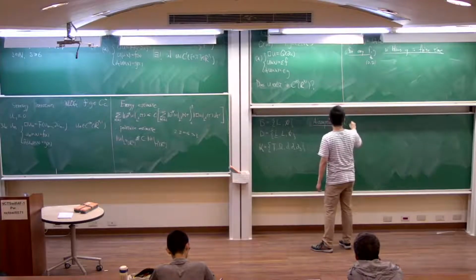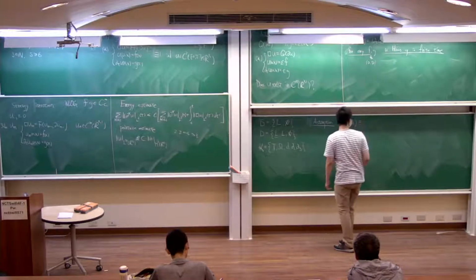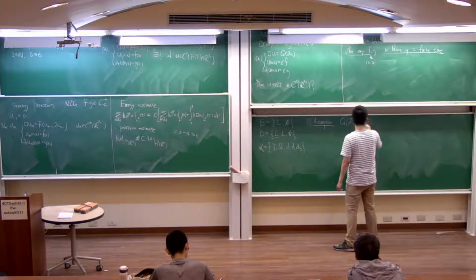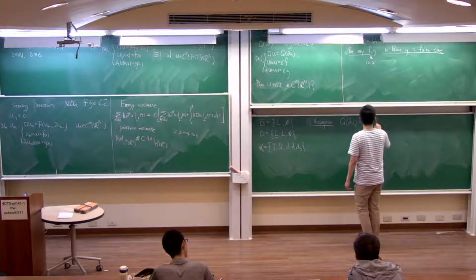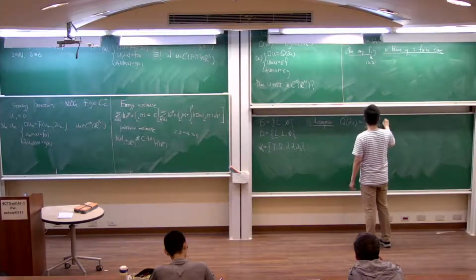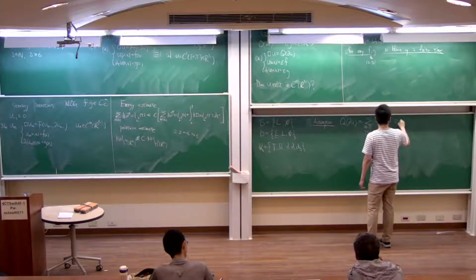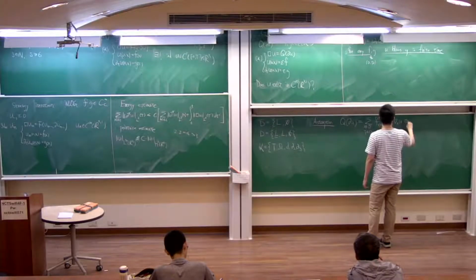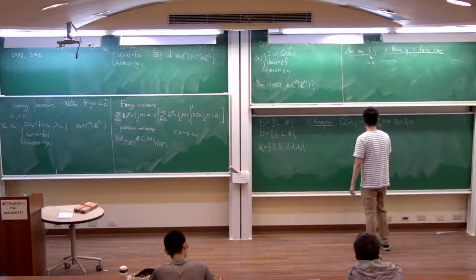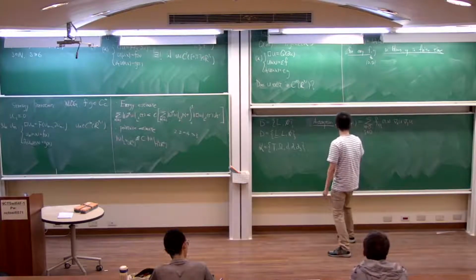Q(du) can be written as a sum over X in d-bar and Y in d of a smooth function f_XY times XU times YU, where this f_XY is a smooth function.